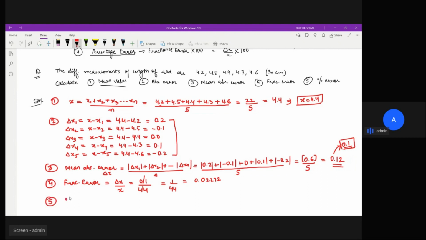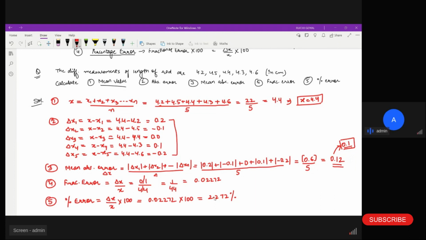The last part is percentage error. Percentage error is fractional error into 100, meaning delta x by x multiplied by 100. So you multiply 0.02272 by 100, and the percentage error will be 2.272 percent.